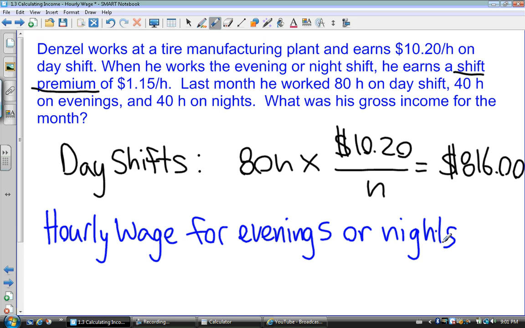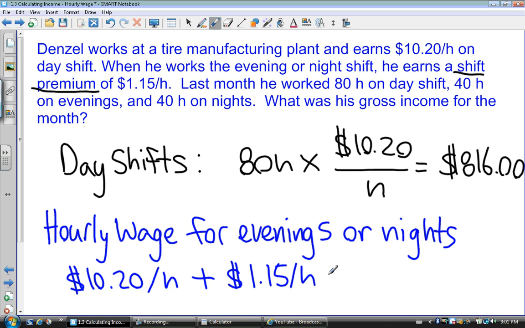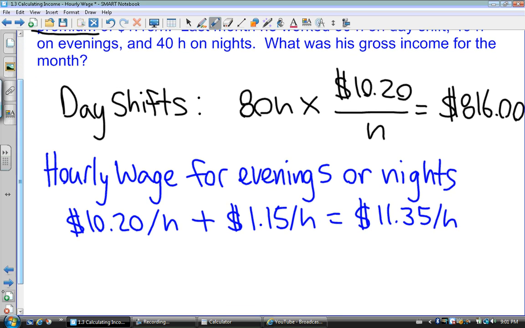And that is going to be his $10.20 an hour plus his shift premium of $1.15 an hour. So when I add those two together, I'm going to get $11.35 an hour. So he gets paid a little bit more to work evenings and nights.